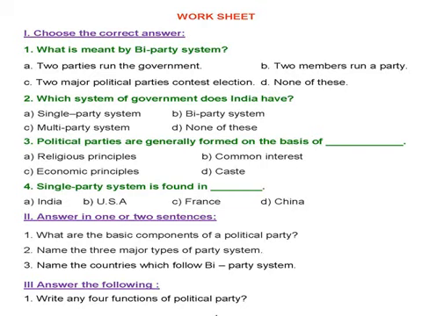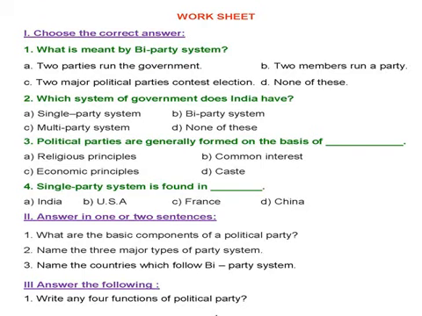Political parties are generally formed on the basis of dash: religious principle, common interest, economic principles, caste. Question number 4. Single party system is found in India, USA, France, China.